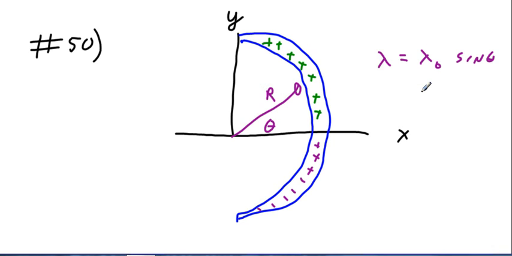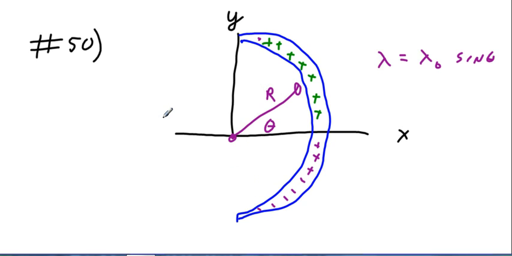Alright, so what are we supposed to be calculating anyway? Find the electric field at P. Alright, so from a spot up here, I'm going to be going towards P. And all those spots are going to be going towards P. And these are going to be going towards P as well.